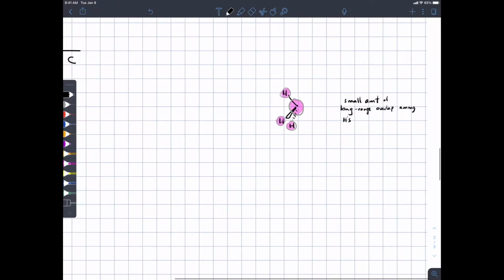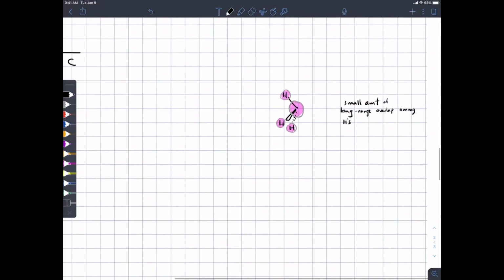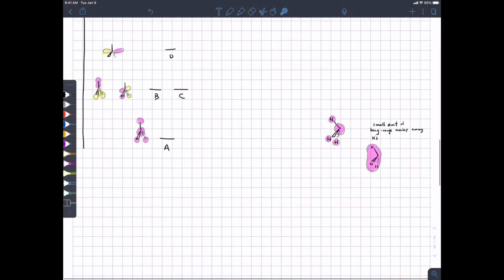In other words, if I were to draw what this orbital actually looks like, if we were to make pyramidal methyl and calculate what the orbital is, it would encompass those hydrogens. And now see, we're starting to fill some of the space between hydrogens. And that's favorable, though it's a really small effect.